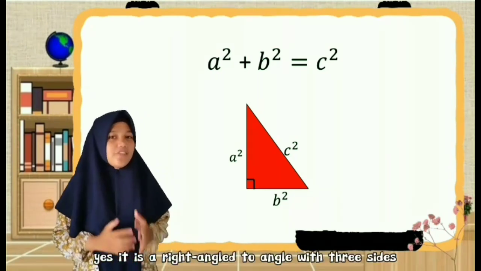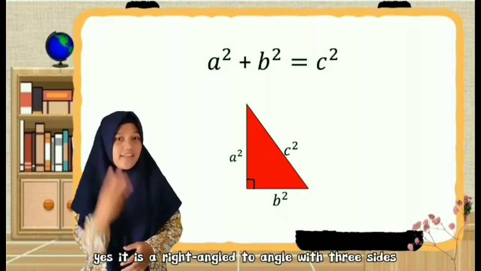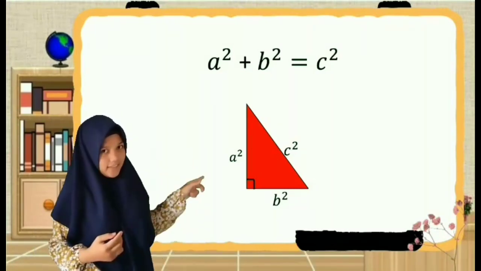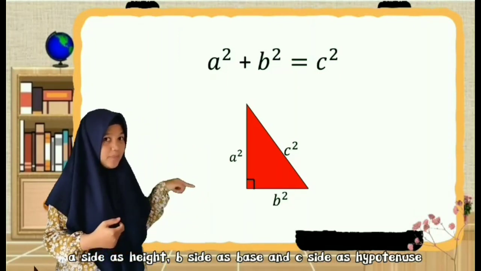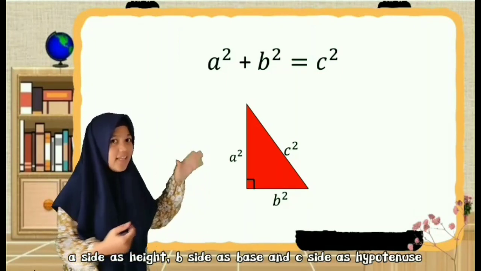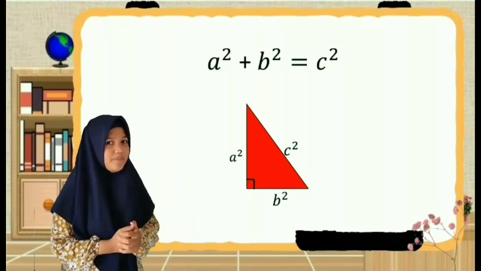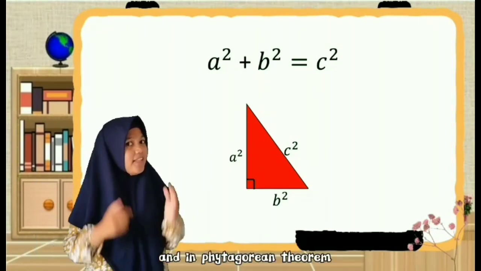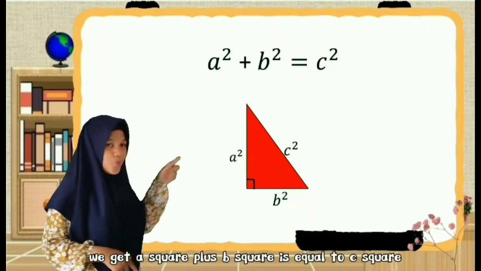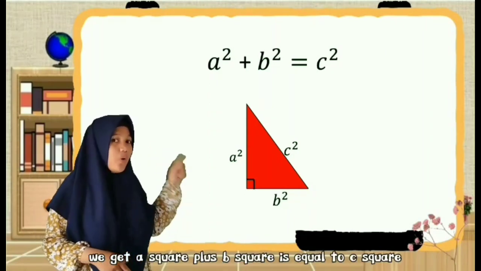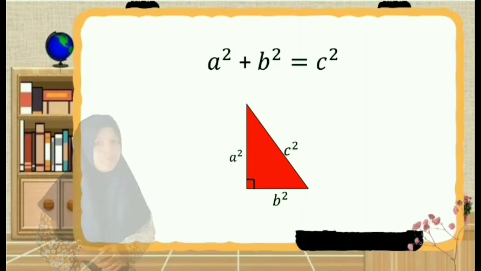Yes, it is a right angle triangle with 3 sides: side A as height, side B as base, and side C as hypotenuse. In the Pythagorean theorem, we get a squared plus b squared is equal to c squared.